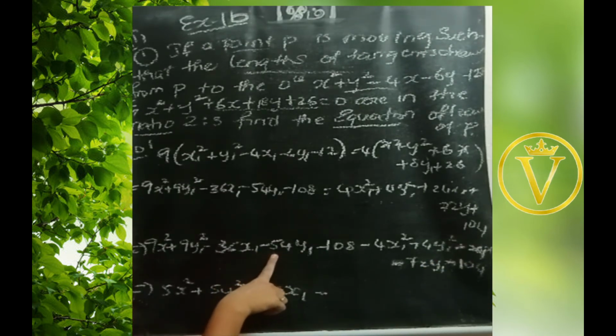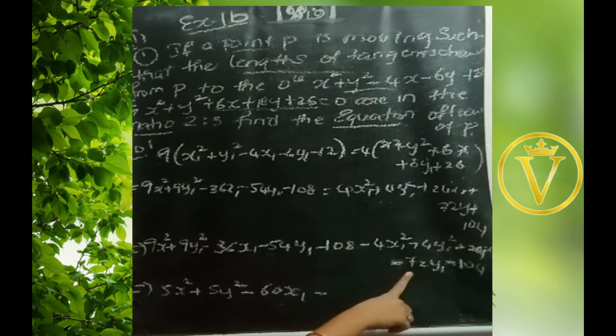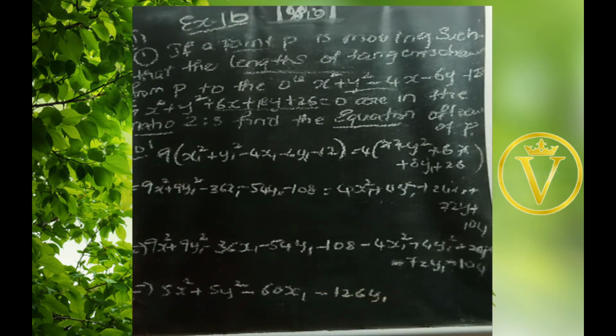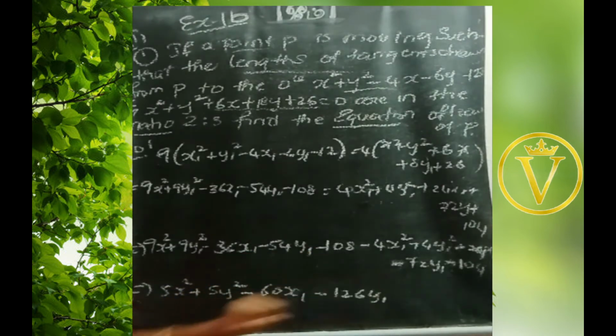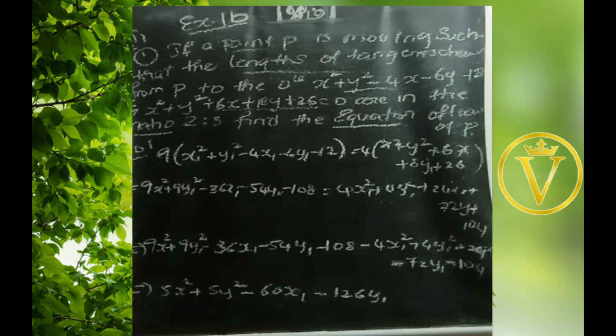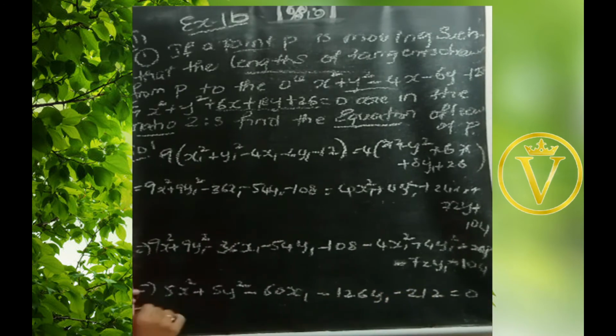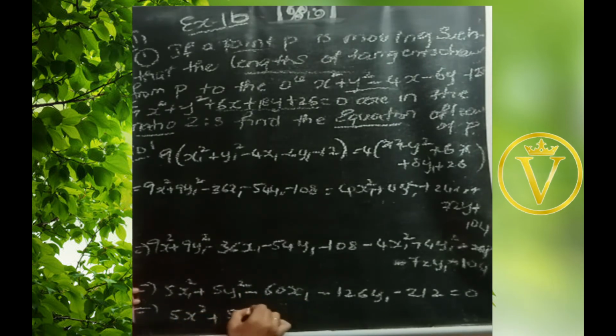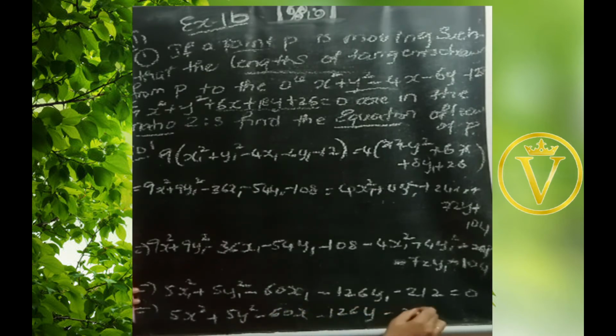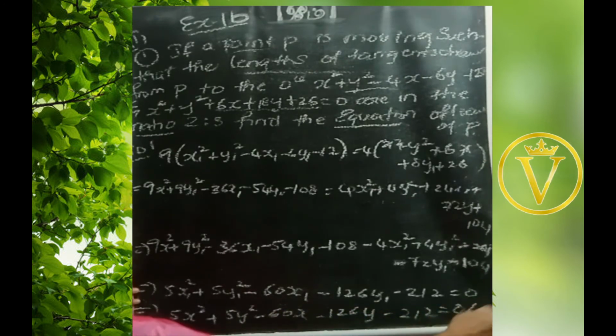Minus 54 and minus 72, we'll get minus 126y1, and minus 108 and minus 104 is minus 212. That equals 0. So we can write it as 5x square plus 5y square minus 60x minus 126y minus 212 equals 0. That's it.